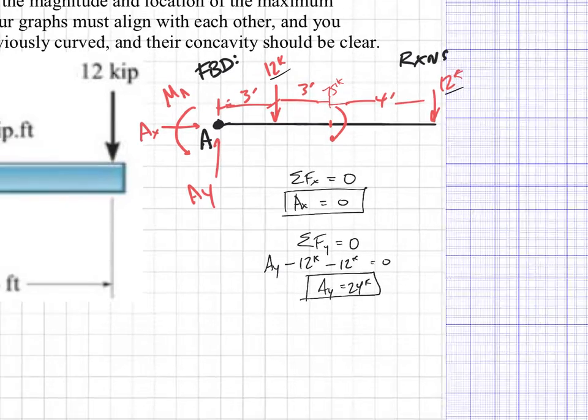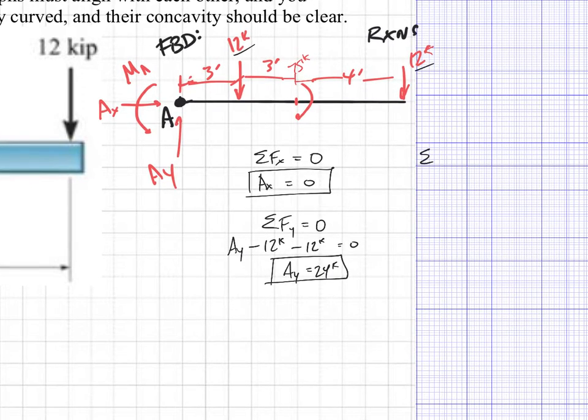Okay, so now we need to do the moments. The sum of the moments at A equals 0. So we're going to expand this, and we're going to start with MA, which is positive. Okay, so that's this one. And then we need to get this 12, which is going that way, so that's a negative 12 kips times 3 feet.